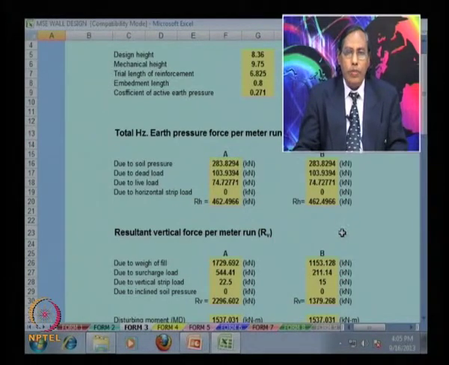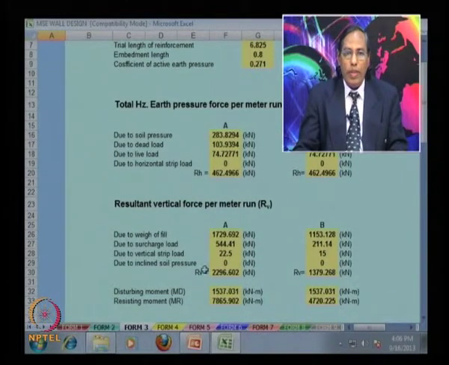Now next we will discuss resultant vertical force per meter run, RV, also for combined load A and combined load B. Now due to the weight of the fill for A, you can calculate what will be the weight of the fill.